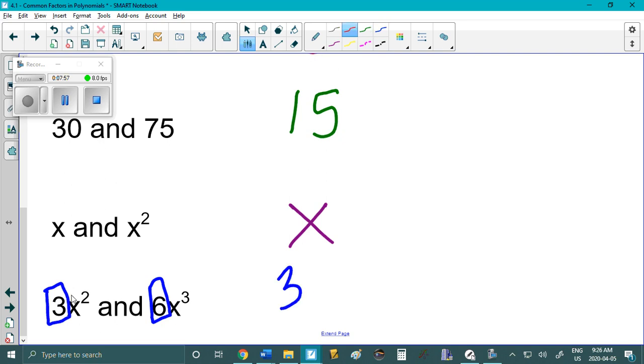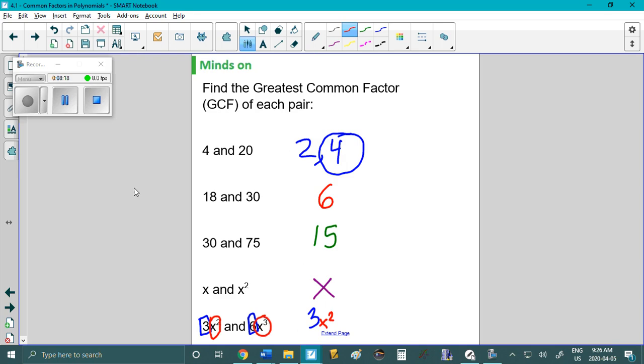And now we're going to find the greatest common factor of x squared and x cubed. Obviously, they both have an x, so we can take out an x. But this one has x squared, or you could say 2 x's multiplied together. And this one has x cubed, or 3 x's multiplied together. So we can actually take out an x squared from both. Okay, so this is your greatest common factor. Remember, 2 wasn't the answer there. And we will move forward now.